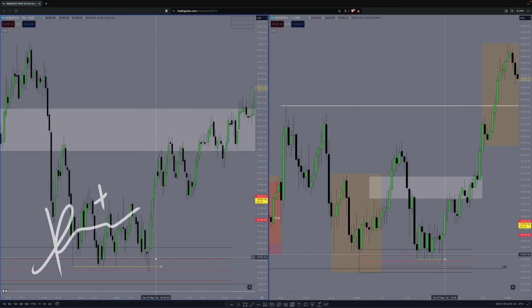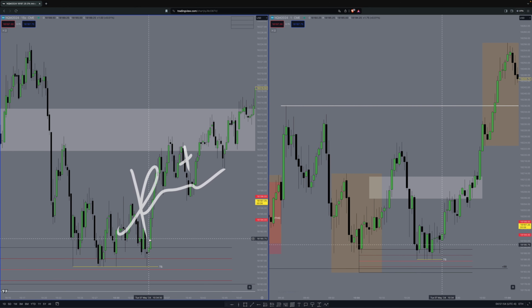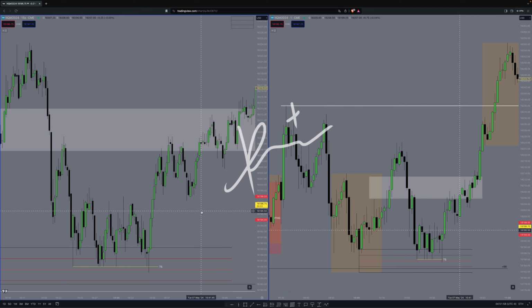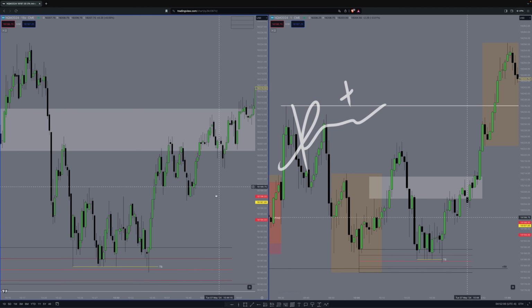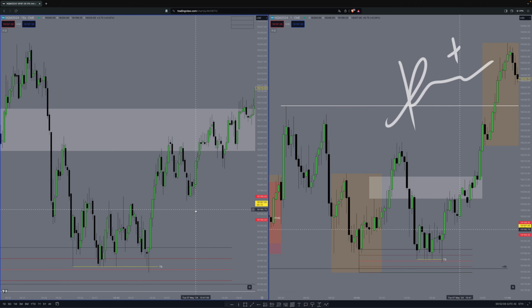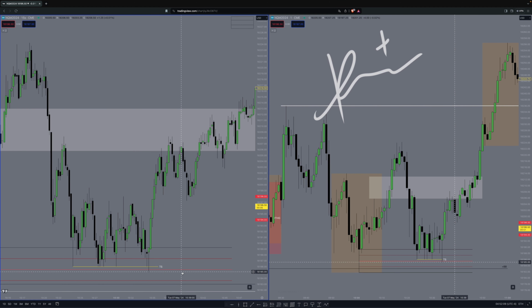Also only wicked through it. Yes, we have this, let's call this a breakaway gap, this is the measuring gap, right? And it won't be triggered anyway, right? But more important is we only wicked through it by like one handle or so.